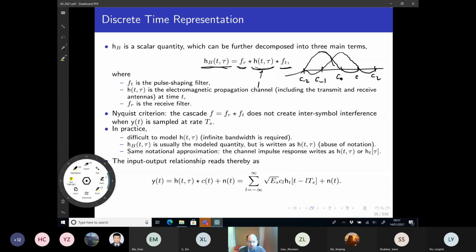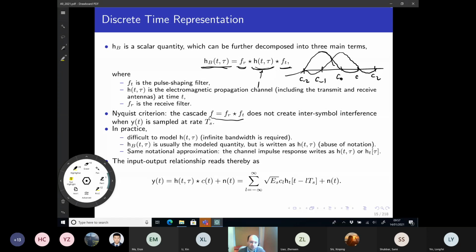And so what you do at the receiver, you will receive this train of symbols that is being convolved by this cascaded filter that satisfies the Nyquist criteria, based, for instance, on raised cosine filters.